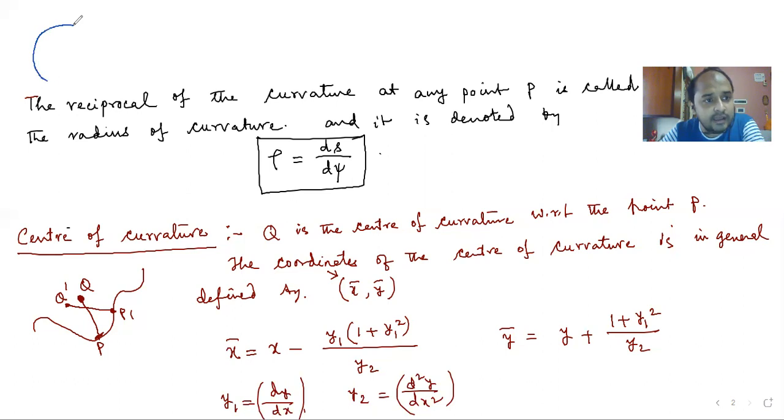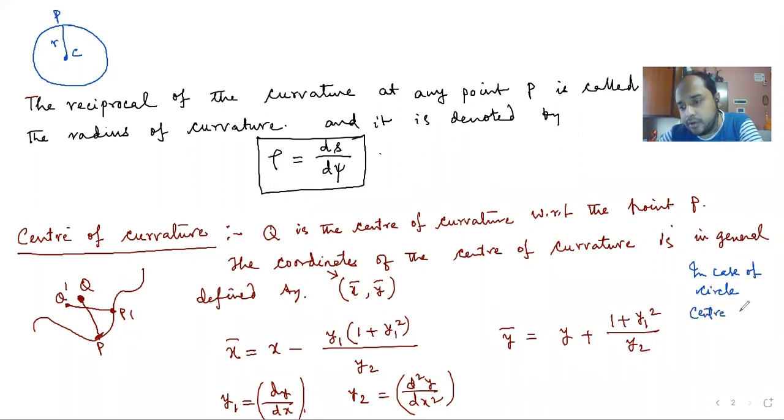If you consider a circle of this form, and this is your center C, you know that a circle is the locus of a point which moves in a certain way so that it has a constant distance from a fixed point C. We call this distance the radius R. Then in the case of a circle, your center of curvature is nothing but the center of the circle, and radius of curvature is nothing but the radius of the circle.